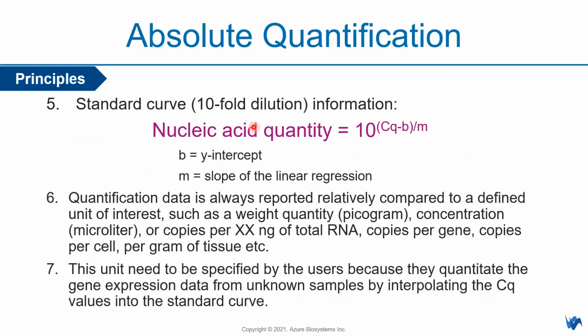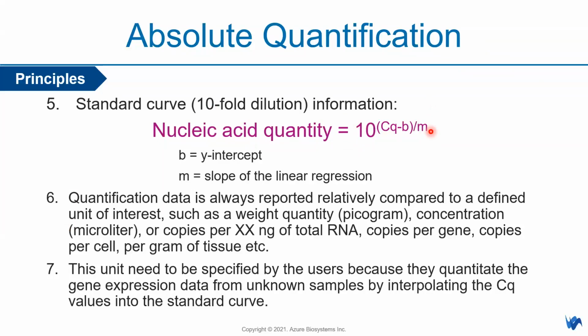Right. So in terms of the information you can get from a tenfold dilution standard curve, by the end of the day, this is how you get your nucleic acid quantity if you have an unknown sample Cq value. The nucleic acid quantity in the unknown sample is 10 to the power of (Cq value minus b) divided by m.